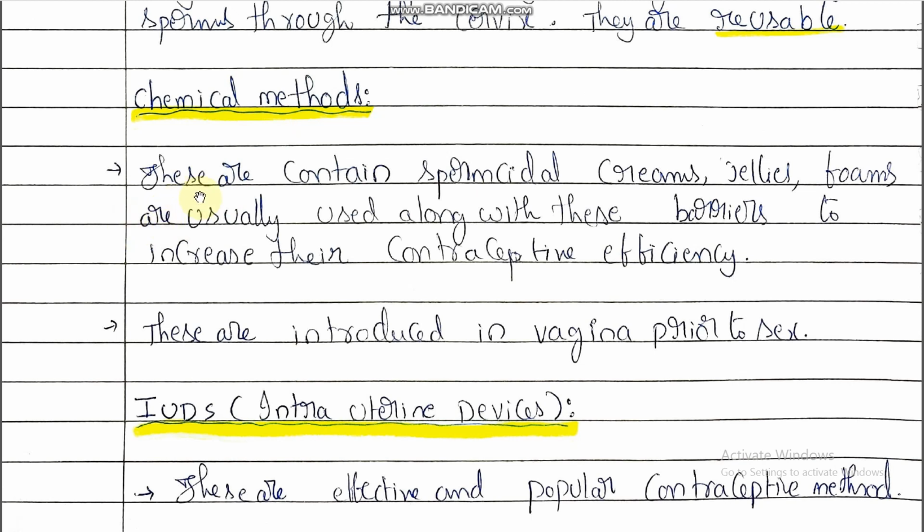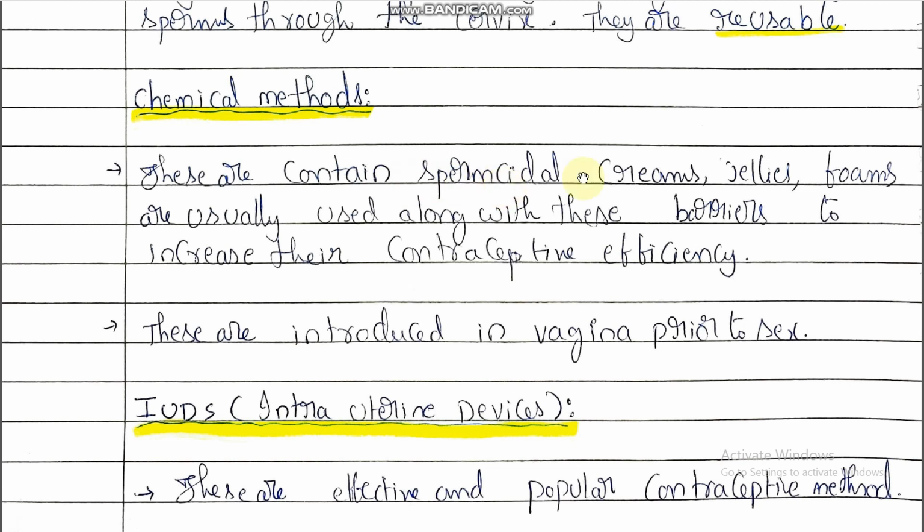Spermicidal creams, jellies, and foams are usually used along with these barriers to increase their contraceptive efficiency. Whenever females use diaphragms, vaults, or cervical caps, they apply spermicidal creams, jellies, and foams. What is the reason? They are used along with these barriers to increase their contraceptive efficiency.